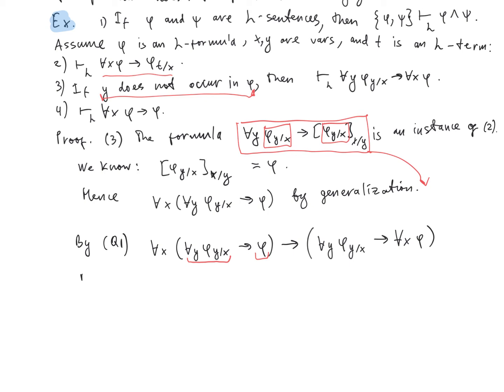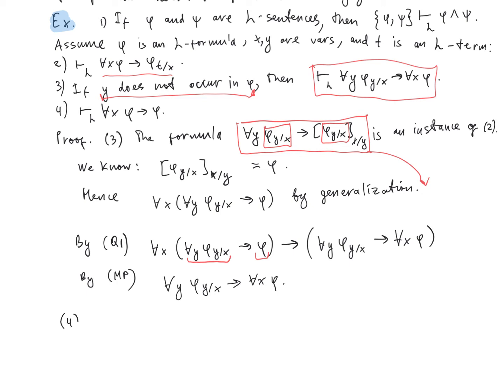This is a requirement in the first quantifier axiom, Q1. And now, by modus ponens, we deduce the second part of this implication. So we deduce for all y, phi with y substituting x implies for all x, phi, which was indeed the desired formula in item 3.